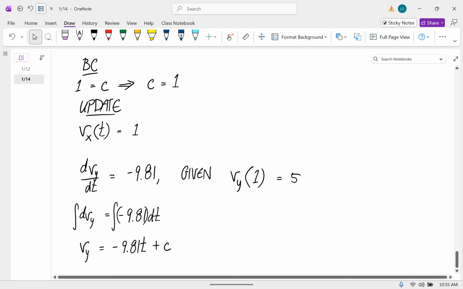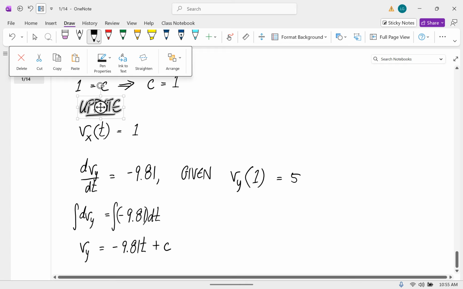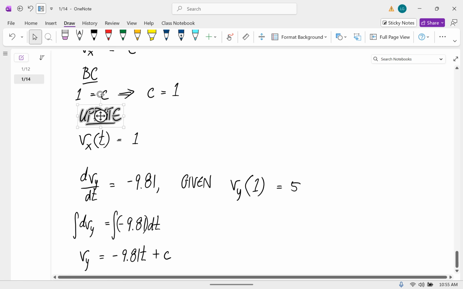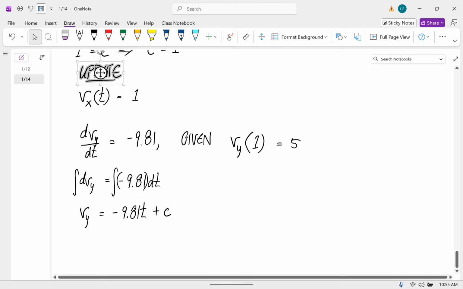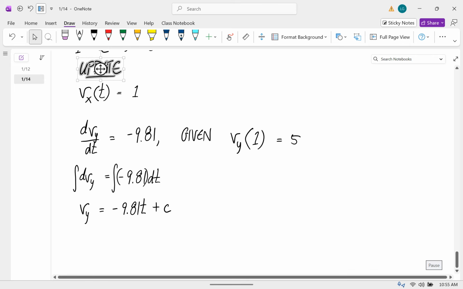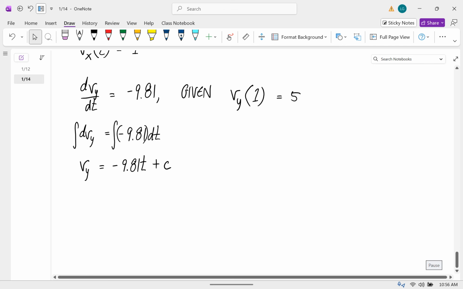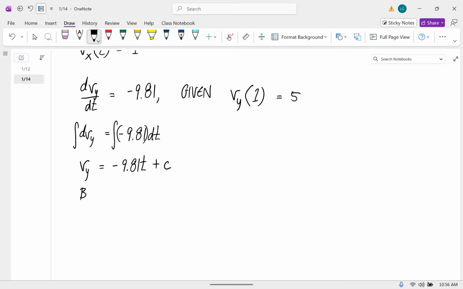Sometimes you need to be careful about this kind of stuff. This c is not the same as the previous c, but since I'm doing it one step at a time, I'm just reusing that variable name. So now we have our function. This function is correct, we just don't know what c is. So we'll use the boundary condition for that.